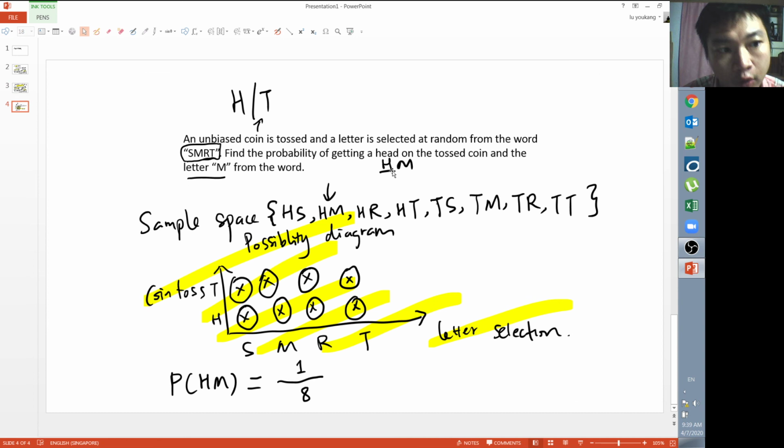And over here you have a combined event of both the toss of a coin and the selection of a letter, and you can also find the probability. The important thing is to get your sample space out, and for a combined event you can use a possibility diagram to help you find the sample space.